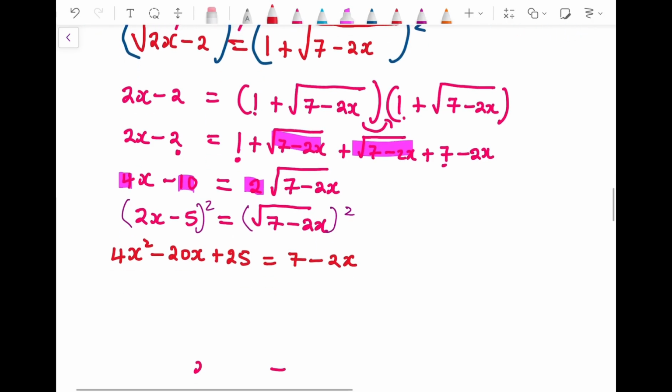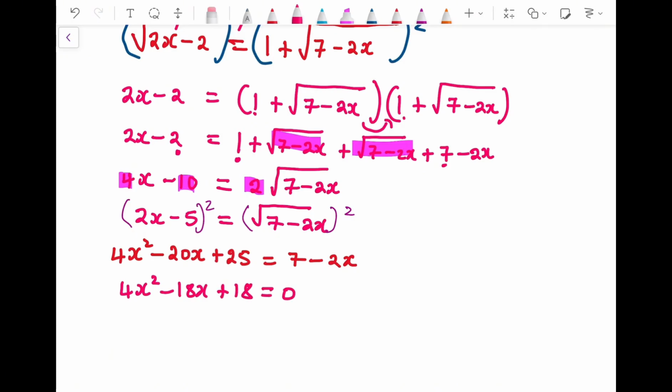And then from here, we can see that the highest exponent is 2. We need to write our equation in the form of ax squared plus bx plus c is equal to 0. So this will be 4x squared, and then now minus 18x, and then 25 minus 7, it is plus 18.